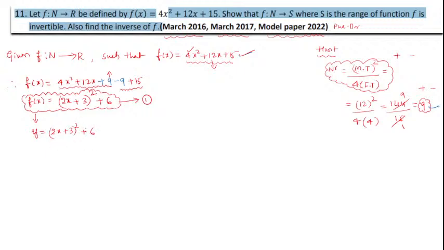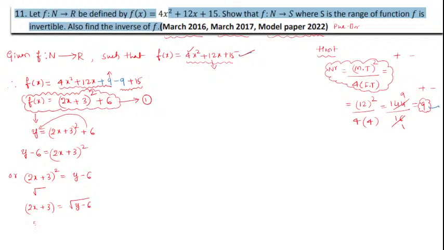So in order to find x, shift the 6 here, you will get y minus 6 is equal to 2x plus 3 whole square. Or you can rewrite it as 2x plus 3 whole square is equal to y minus 6. In other words, if you put square root on both sides, you will get 2x plus 3 is equal to square root of y minus 6.